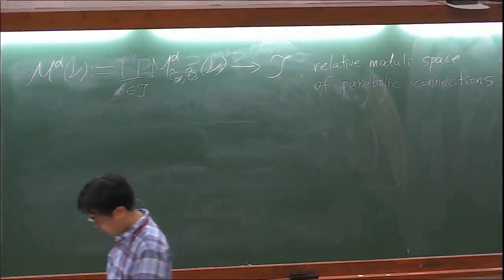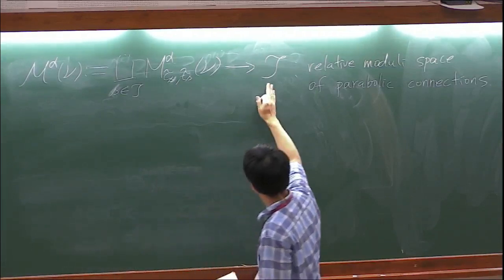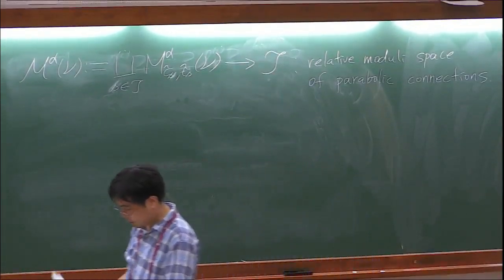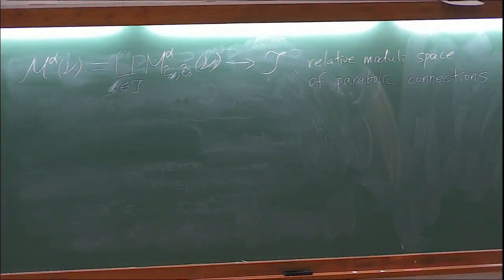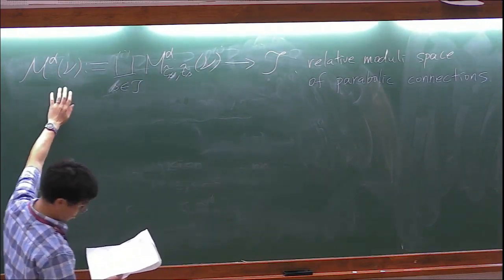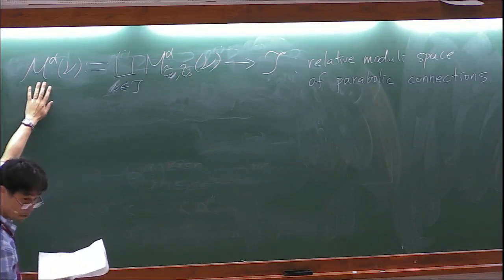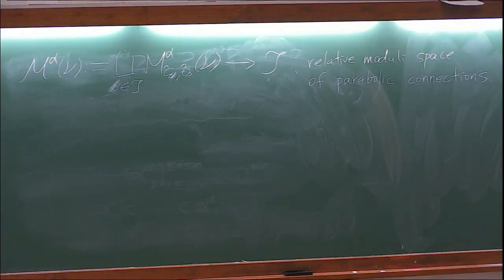And I want to consider this space T as a space of time variables for the isomonodromic deformation or isomonodromy equation. So I will construct isomonodromic deformation on this family of moduli spaces.